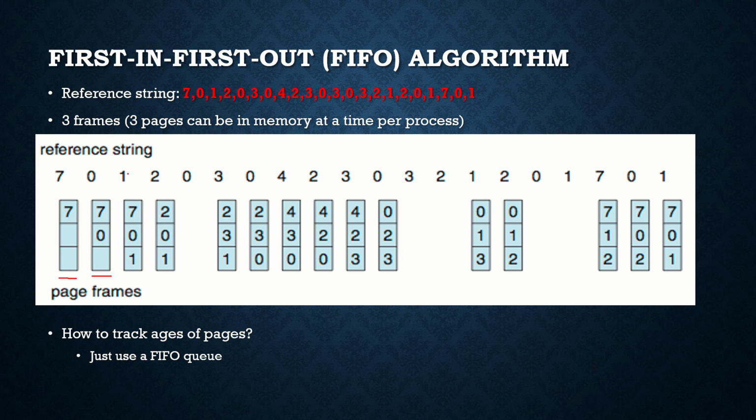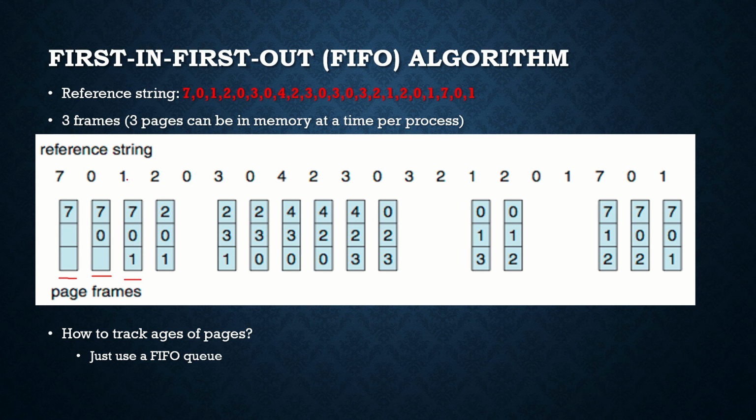Next, page 1 is coming. Again we are checking the memory, and among the 3 frames, 1 is not there. So again a page fault is occurring and we are writing 1 in the last available frame.